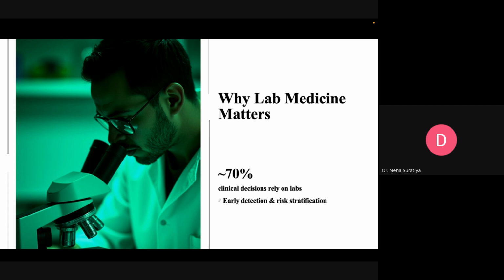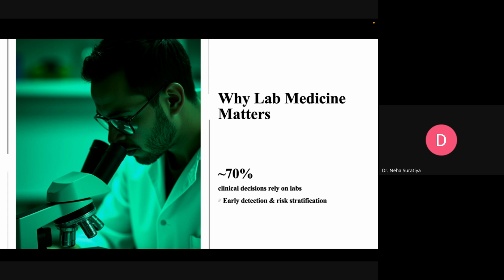Clinical decisions rely on the labs, right? Early detection and risk stratification also help in patient care. That alone tells us how critical correct interpretation is. So this 70 percent shows us the importance of learning lab medicine.